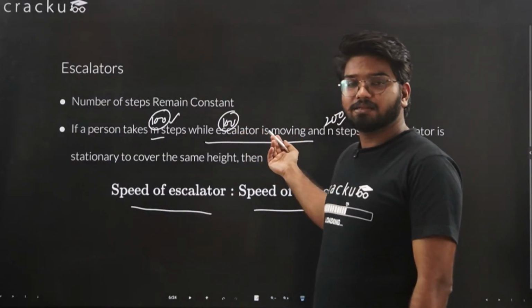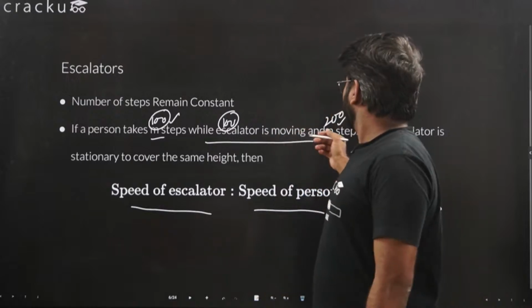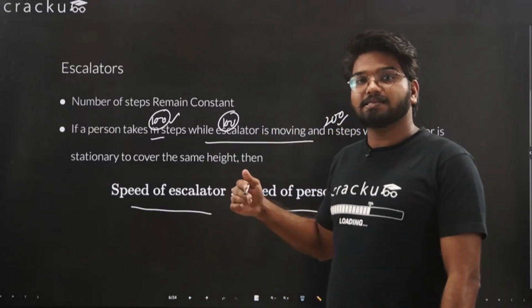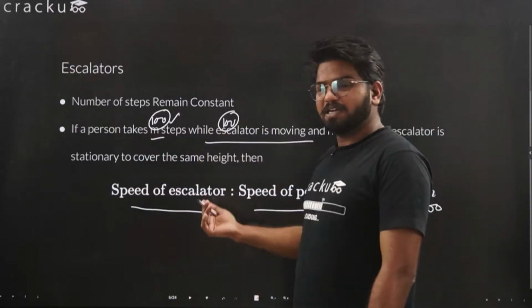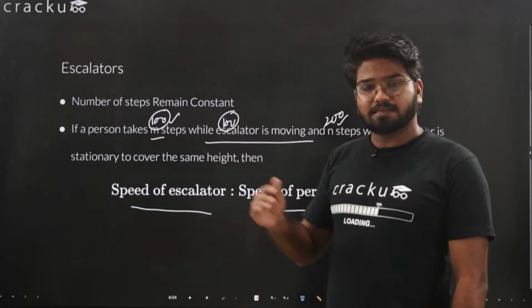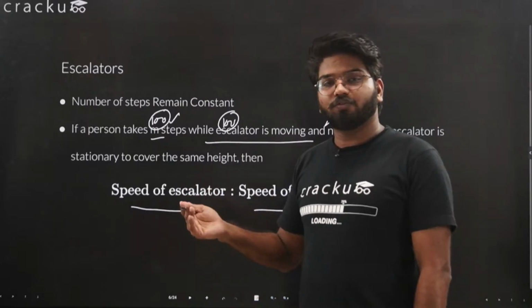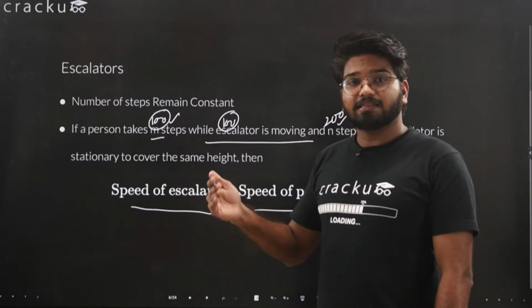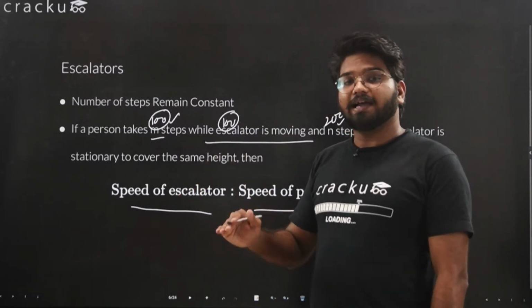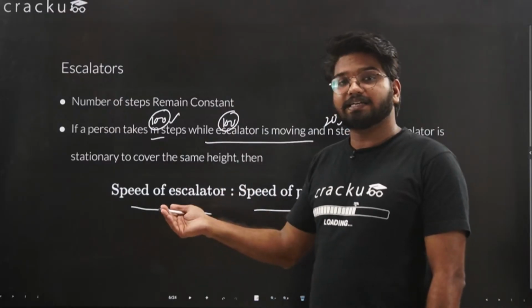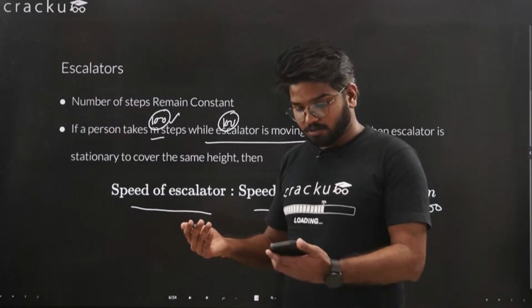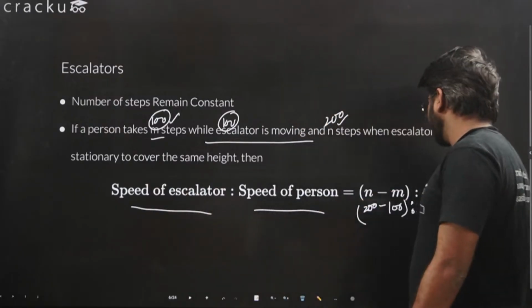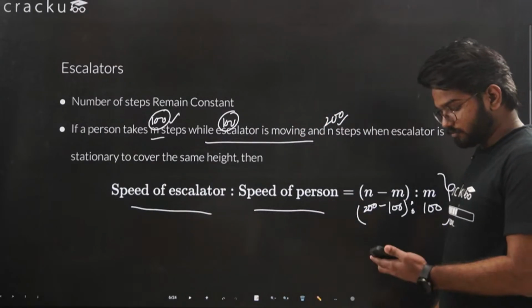But in the second case, when only the person was moving, he has to cover all the steps. So basically it says that when the escalator is also moving and the person is also moving, the person has to take fewer steps, and when only the person is moving, he has to take all the steps. You can find the relation between their speed ratios.